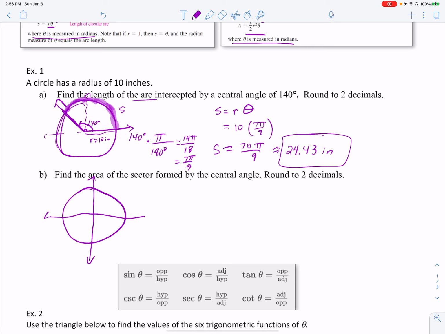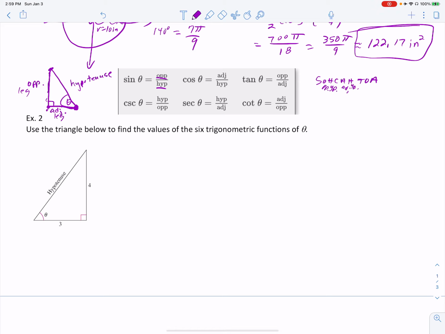And opposite the right angle is always the hypotenuse. And for SOHCAHTOA, sine is opposite over hypotenuse. Cosine is adjacent over hypotenuse. That's what the CAH stands for.